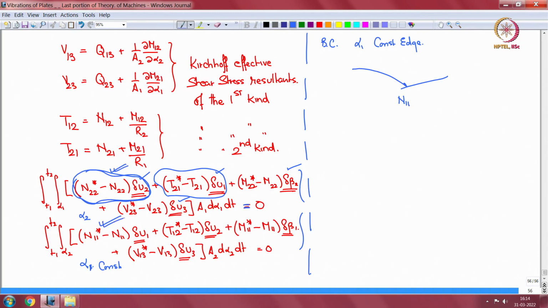In order for this term to be 0, the N11 from within the material should be equal to N11 star, what is applied exterior to the structure, or delta u1 is 0, that means u1 is specified.